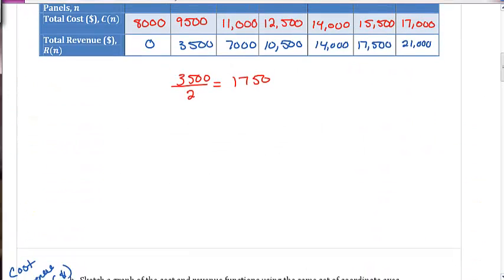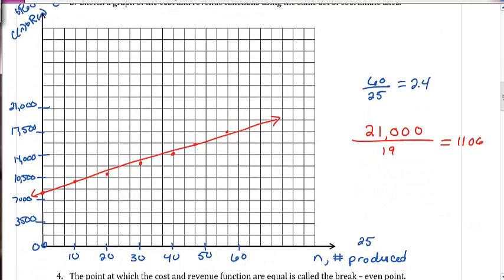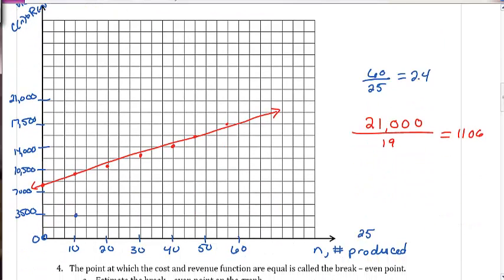And we have the point (10, 3,500). And again, we mark these so that these would all lie nicely on our graph. So those ones are easy to plot.